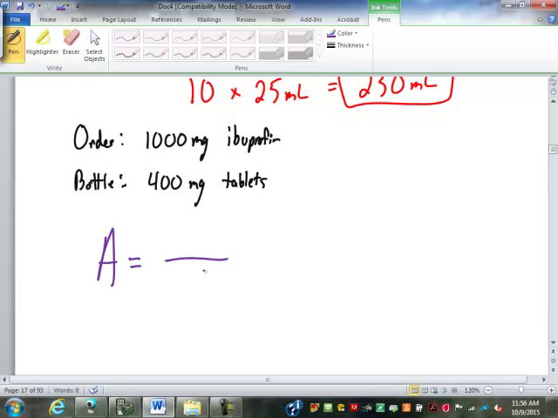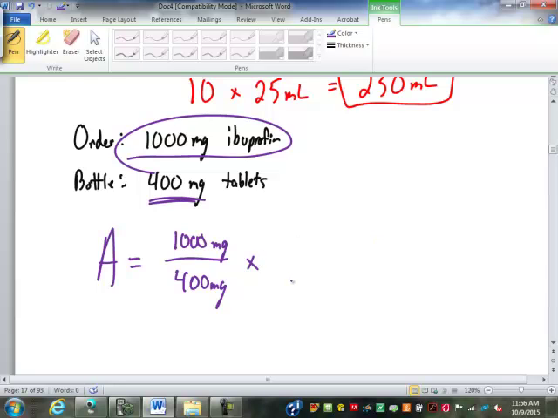Doctor's orders here are relatively easy to pick out. What are they? 1,000 milligrams. The on-hand dose is somewhat easy to pick out because it has to have the same units as the ordered dose, which is milligrams. So obviously the on-hand dose has to be 400 milligrams.